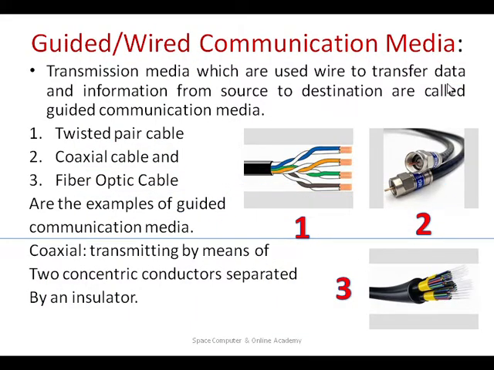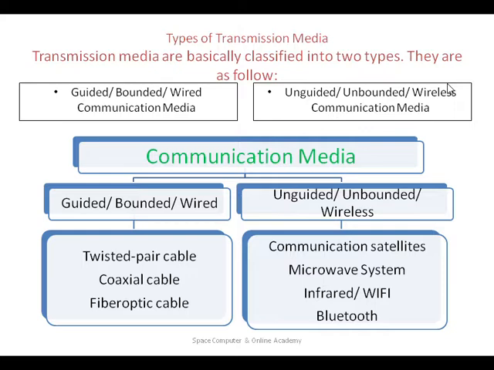In this diagram I have shown the differences between guided and unguided, bounded or unbounded, wired or wireless communication media. Under guided: twisted pair cable, coaxial cable, and fiber optic cable. Under the wireless or unguided: communication satellites, microwave system, infrared, Wi-Fi, Bluetooth. All these are unguided.